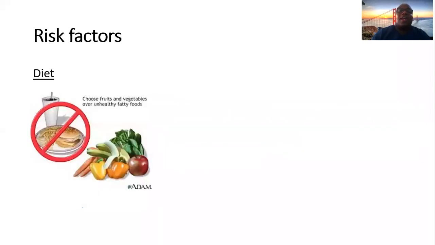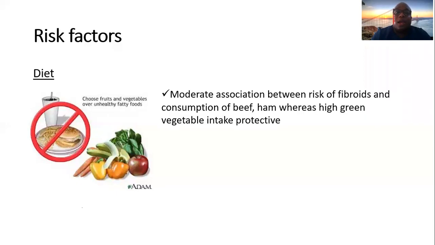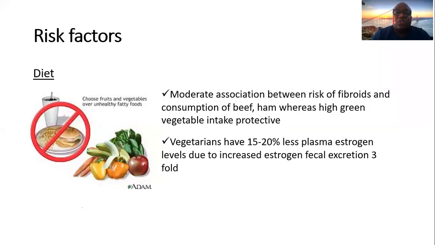And then diet is also a very common cause of uterine fibroids. We have moderate association between the risk of fibroids and consumption of beef. Basically, we see association between consumption of saturated fats, like those found in beef and ham, while intake of green leafy vegetables is found to be protective.